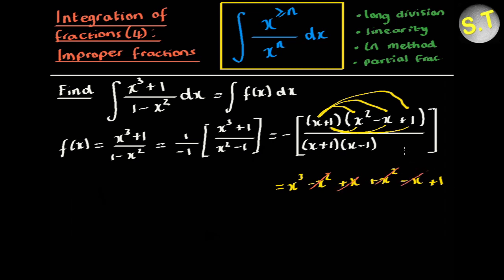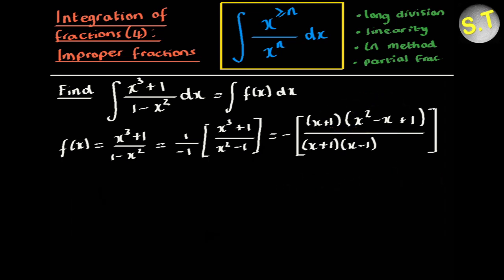We have x cubed plus 1. So we're right. Okay, so now that we've confirmed that, we can cancel this x plus 1 with this x plus 1. So now we're left with our function that we've called f of x is equal to minus x squared minus x plus 1 divided by x minus 1.